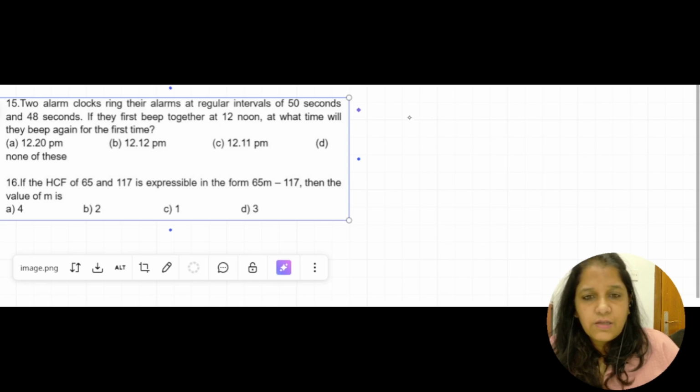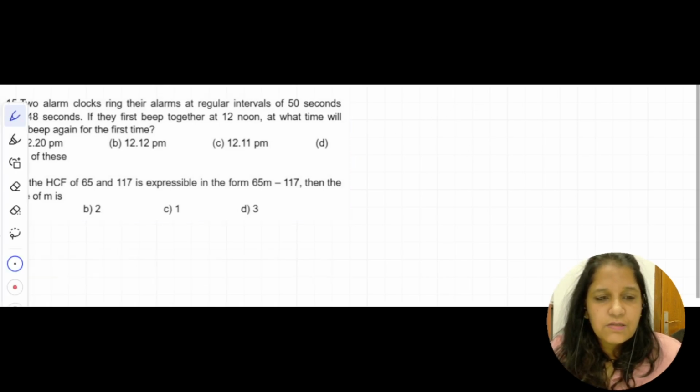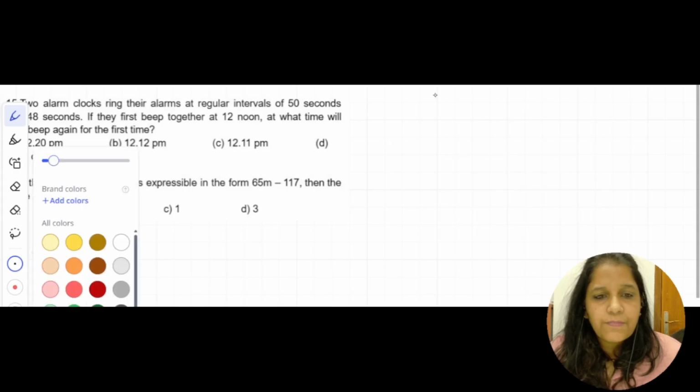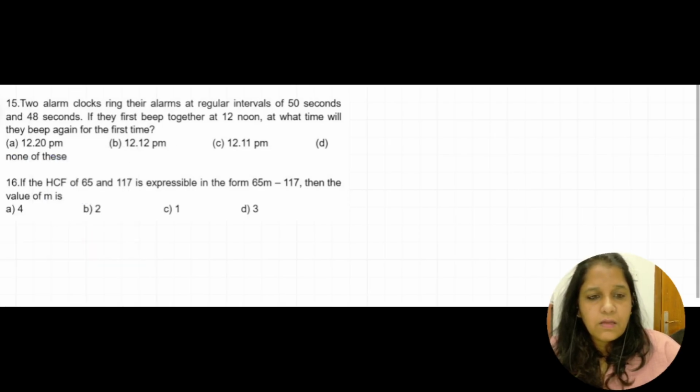Two alarm clocks ring their alarm at regular intervals of 50 seconds and 48 seconds.